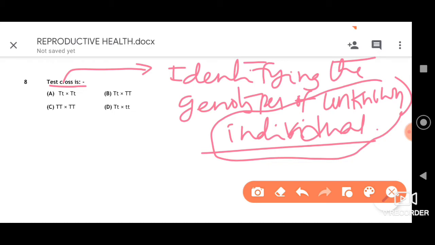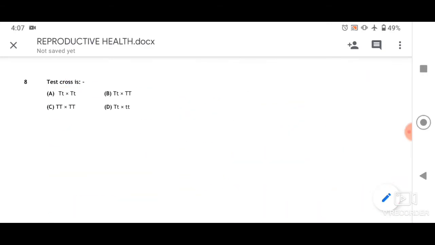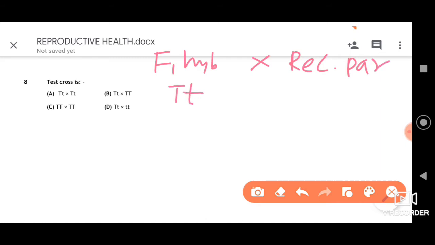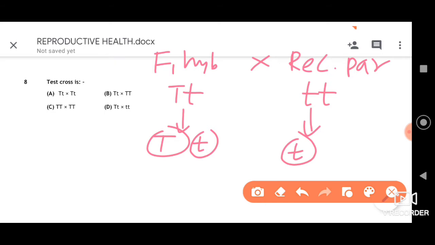Let me perform the test cross here on the screen, how it actually occurs. If we consider the F1 hybrid and cross it with the recessive parent, the genotypes would be capital T small t and small t small t, and the gametes formed after meiosis would be capital T, small t, and here small t is the gamete.